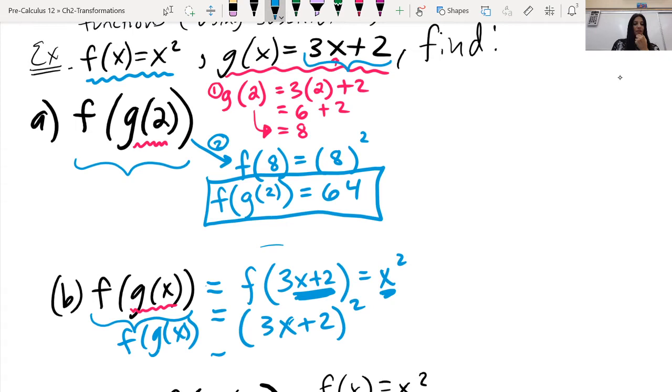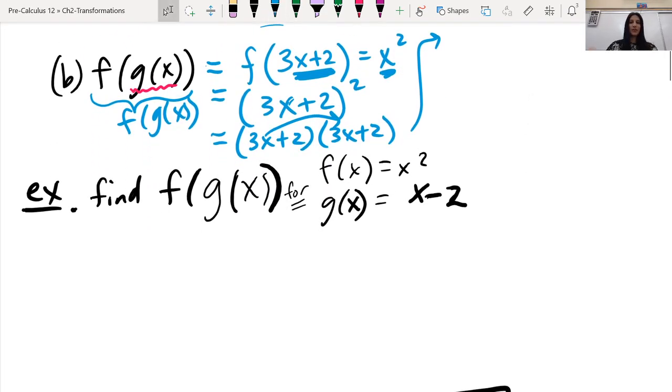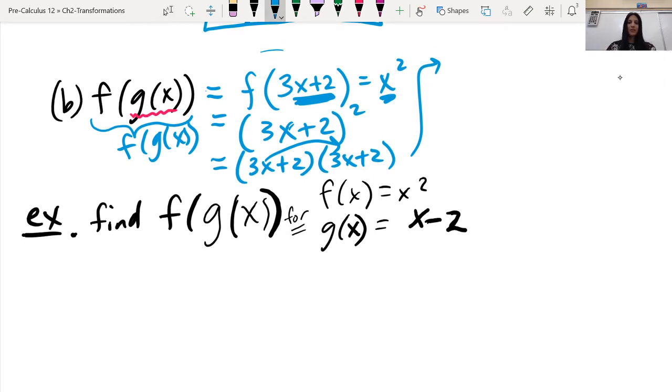And so what we would do in this case is we're just simply multiplying them out. 3x plus 2 times 3x plus 2. And we could use our FOIL to do this. So I'll carry on up here because I'm running out of space. And actually I'll move the whole thing up so you can see it better.